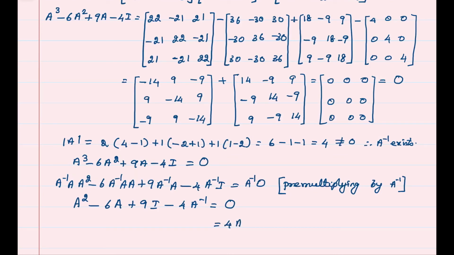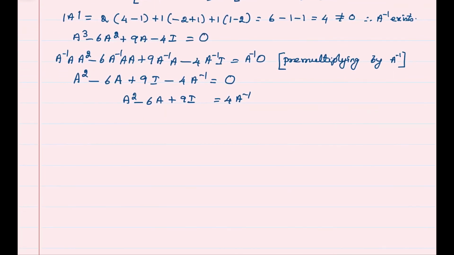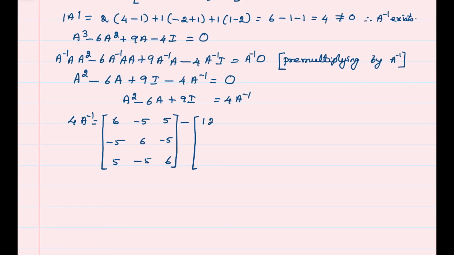Therefore, 4 times A inverse is A square minus 6A plus 9I. 4 times A inverse is equal to A square minus 6 times A plus 9 times I.